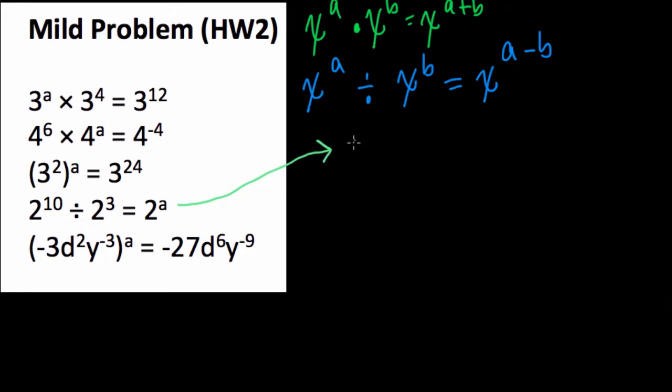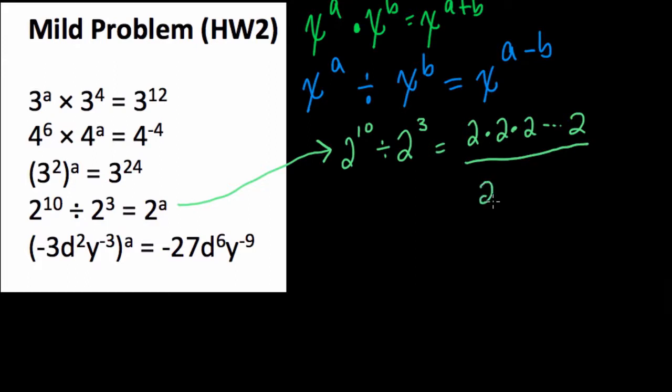So we have 2 to the 10th divided by 2 to the 3rd. If I rewrite that as a fraction, that means 2 times 2 times 2, 10 times, that's 2 to the 10th, over 2 to the 3rd. Well, the logic here is that every time you have a 2 in the numerator and denominator, they divide to 1 and cancel out. They're not going to impact your answer.